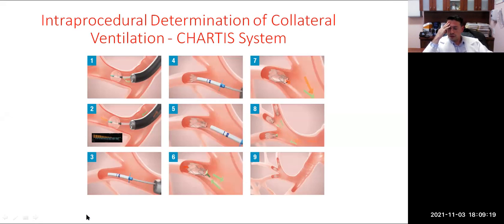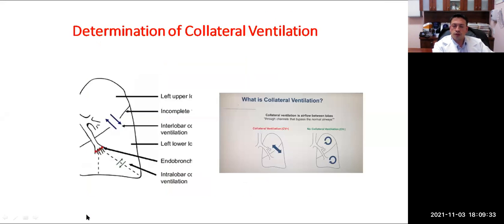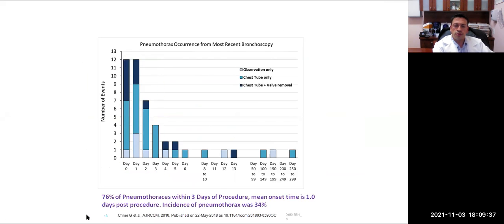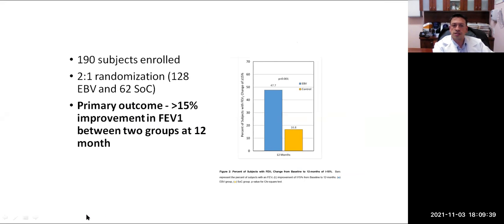I remember the FEV1 numbers. That was one of the variables that was looked at. I don't recall the FVC. I can't remember if I put it in the slides. This is just FEV1.